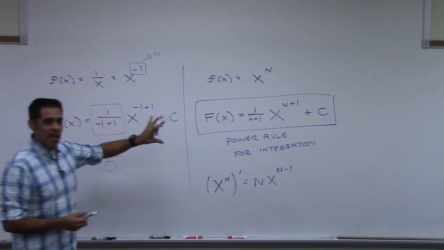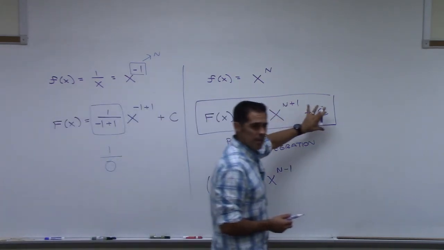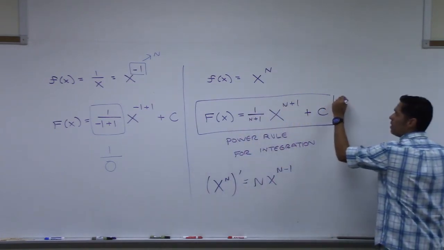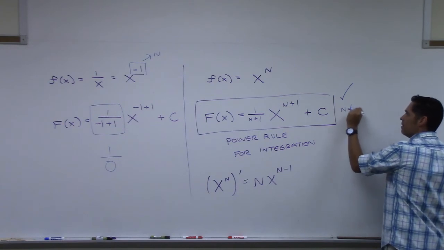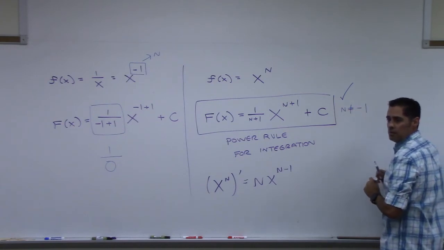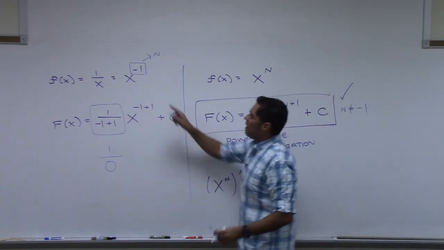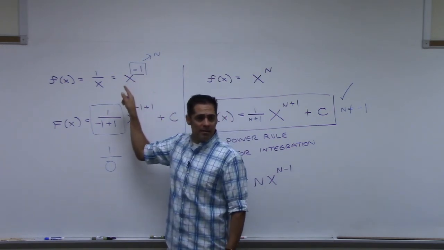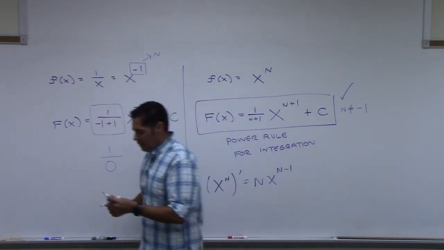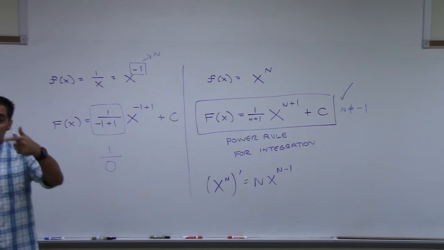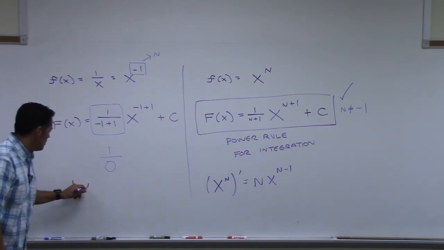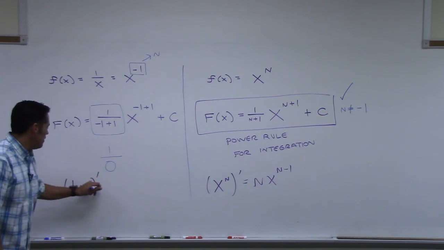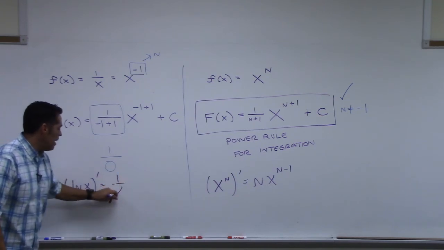So what I'm saying to you is, you see this formula over here? This formula works. This formula is good so long as n is not negative 1. If n is negative 1, the formula doesn't work, right? But from what I discussed in an earlier section, I told everyone that the derivative of the natural log of x is 1 over x.